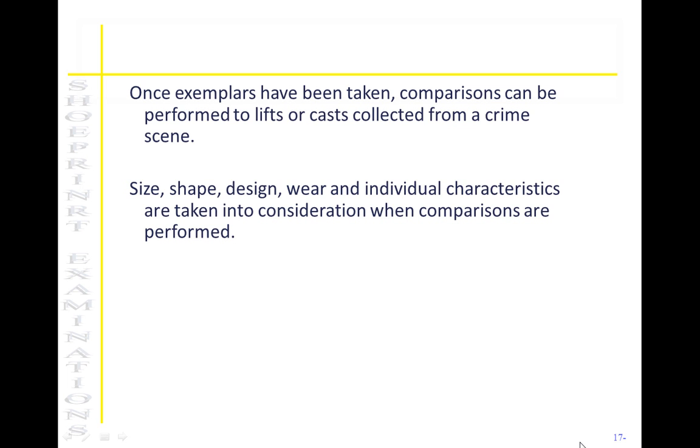Initially they're going to focus on the size, the shape, and the design of the shoe itself and the shoe print, and then also take into consideration the wear and the individual characteristics for those shoes.